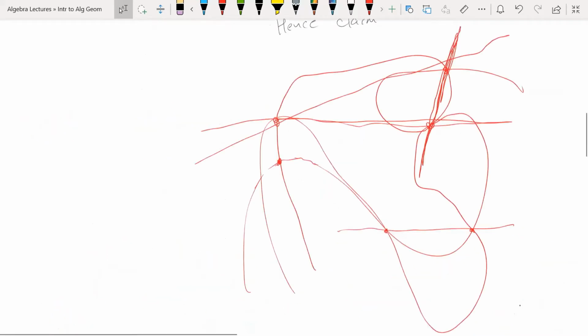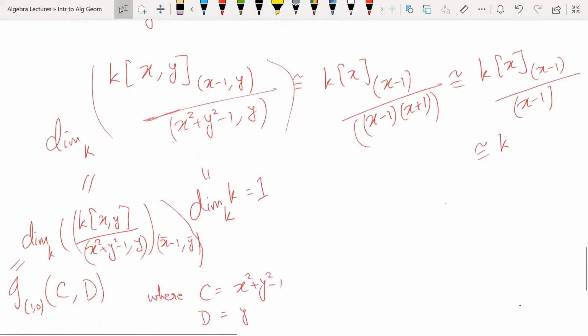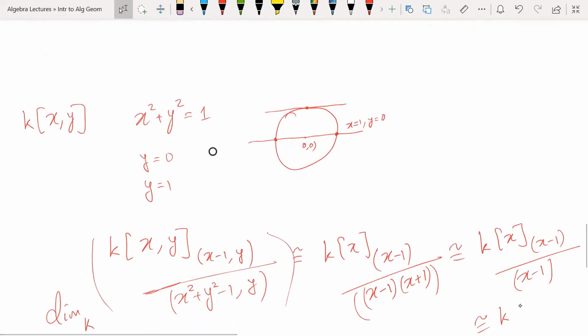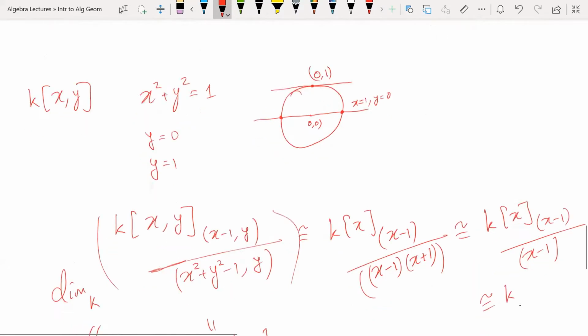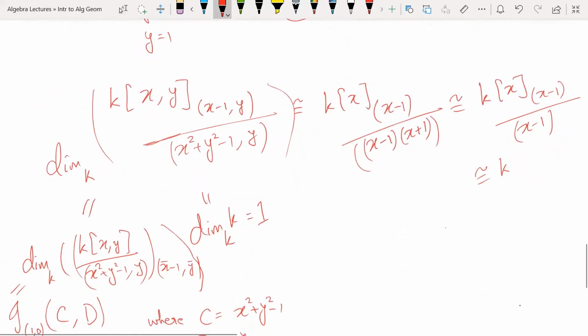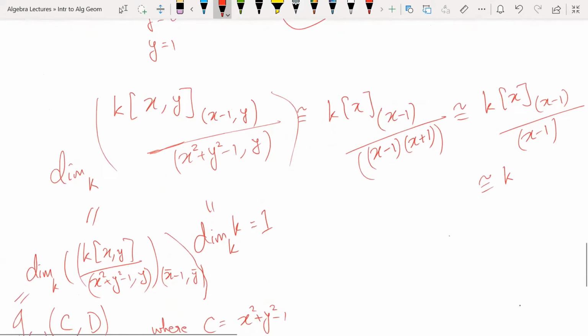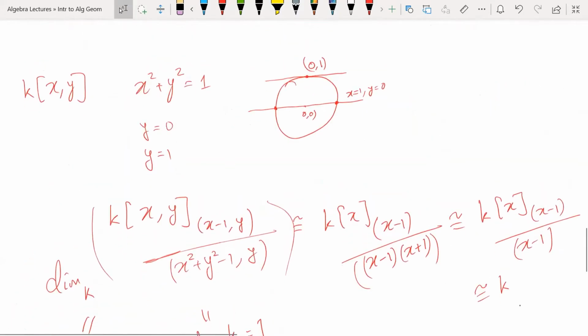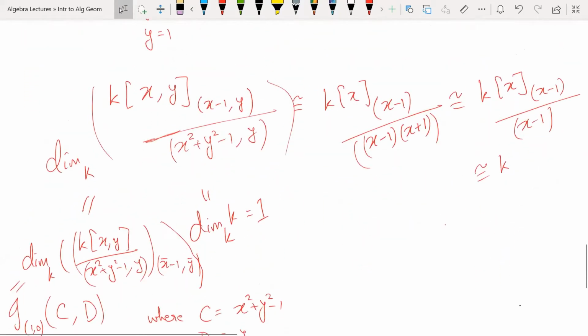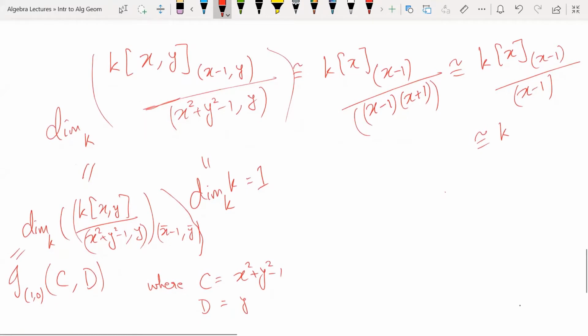So for the other point, x is 0 and y is 1, so this is (0, 1). We are looking at the same two curves, but now in the neighborhood of x equals 0 and y equals 1.